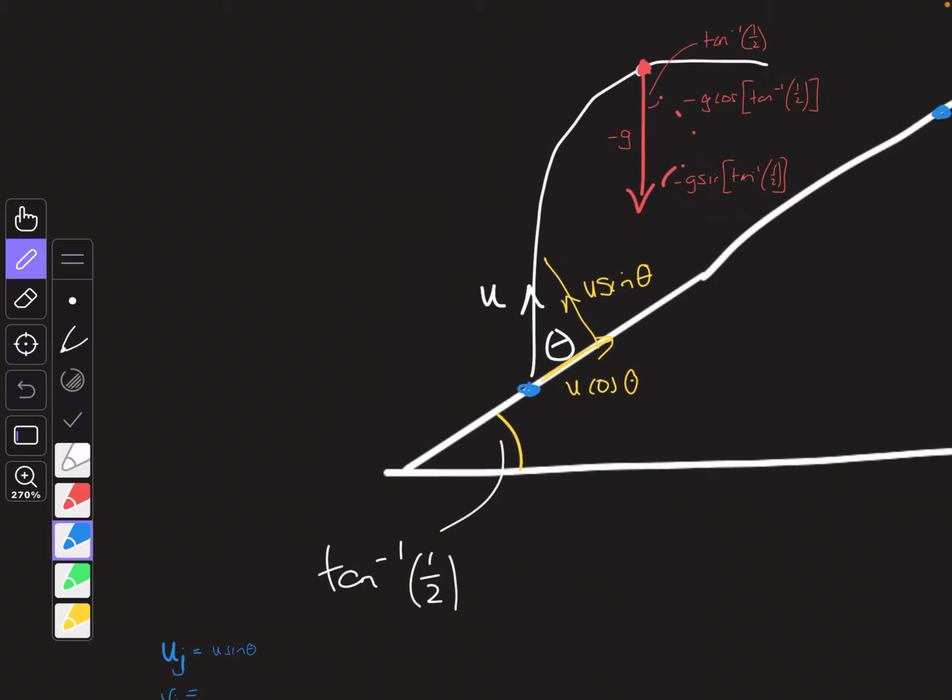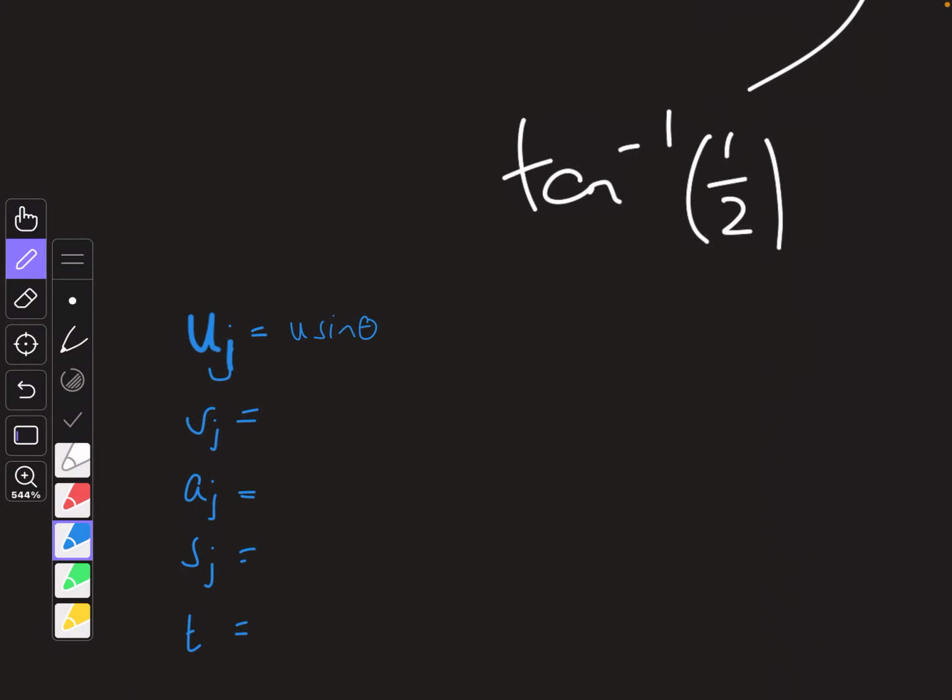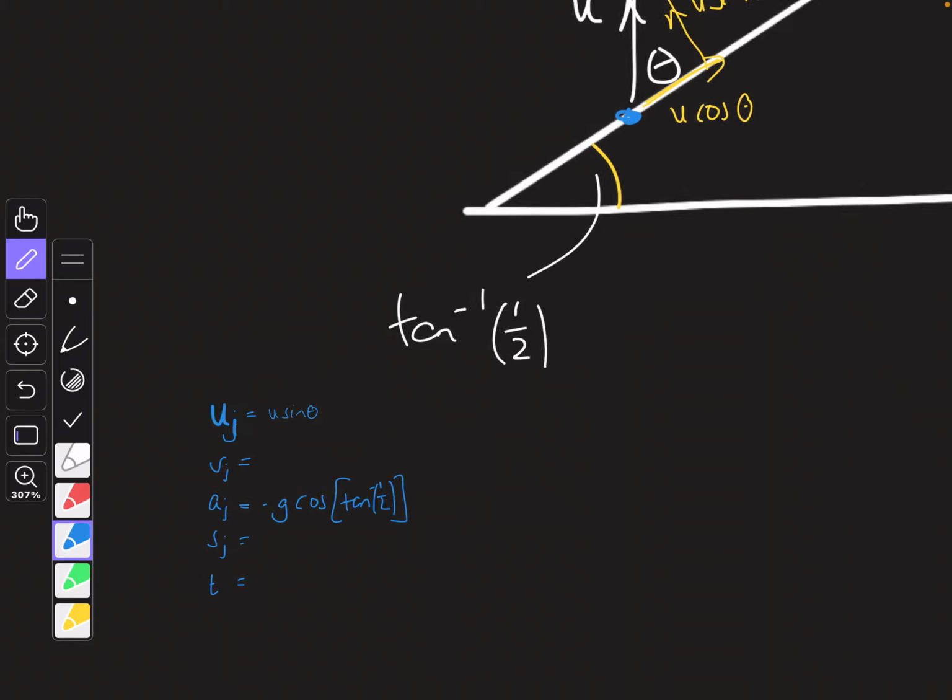So minus g cosine tan inverse of a half. I'm going to try it one more time. Now that I've figured out how to work my calculator, cosine bracket tan inverse bracket 0.5. Cool, that looks wrong, so I'm just going to leave that alone for the minute.